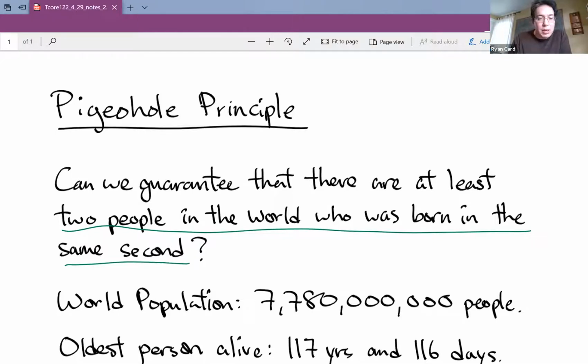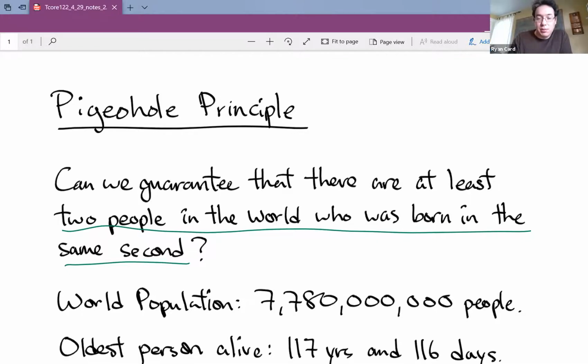In your birth certificate, I think they record the hour and the minutes of the day when you're born, but they don't record the birth second. So this is not something you can actually check by research. But even then, you can guarantee beyond the shadow of a doubt that this has to happen using the pigeonhole principle. So let's see how this might be done.